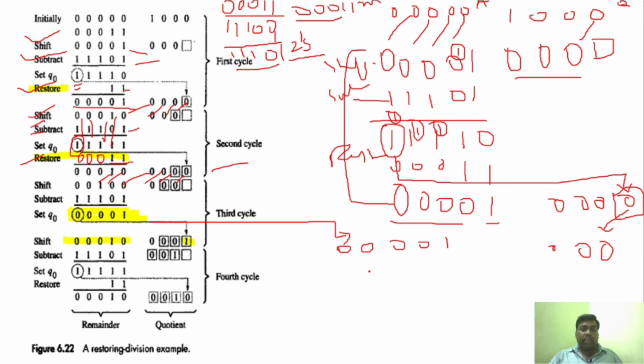Now you will put this 1 here, and then you'll have 000. So far clear? And there is no restore operation. So I will write the same steps here, that is the same value here, because the accumulator value, this step is missing here.